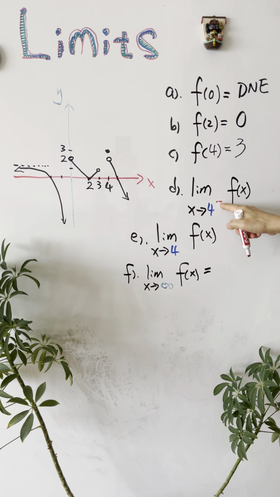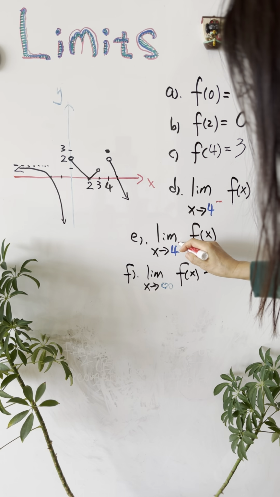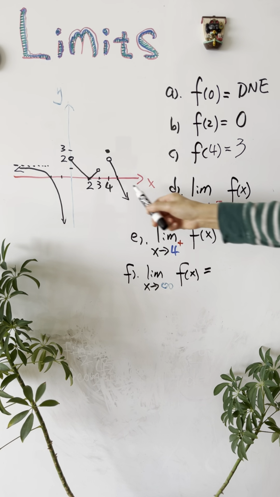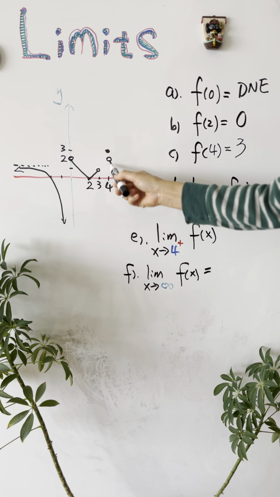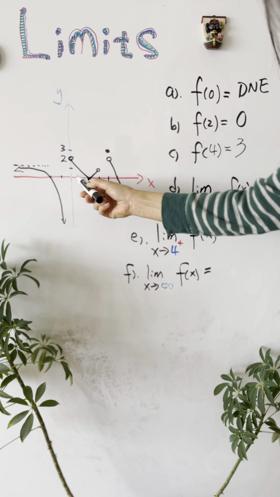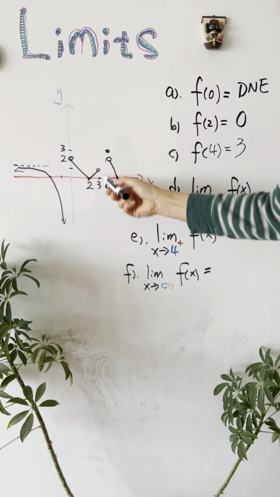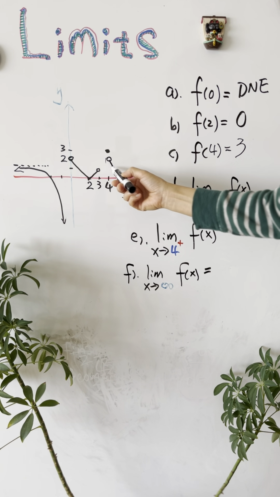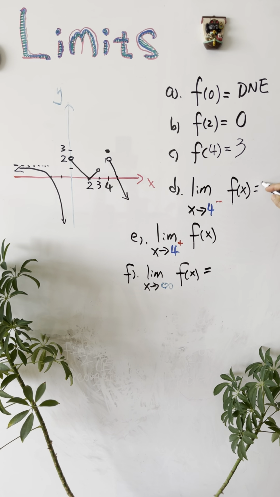From the left, we use the minus sign. From the right, we use the plus sign. From the left of 4, let's look at 4 first. From the left means from this direction. From this direction, we see nothing, right? No graph between 3 and 4. So this does not exist.